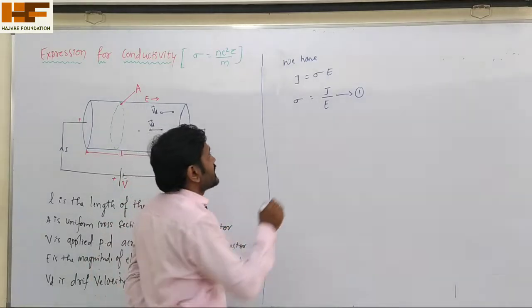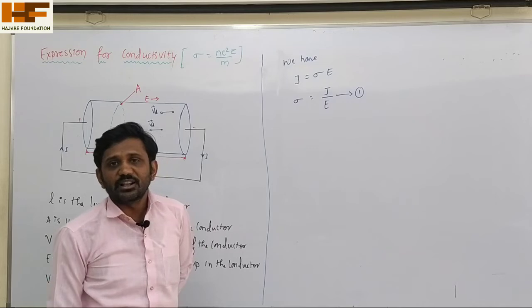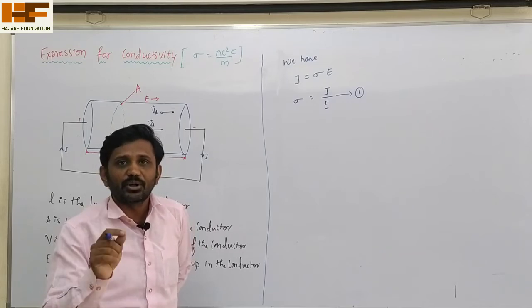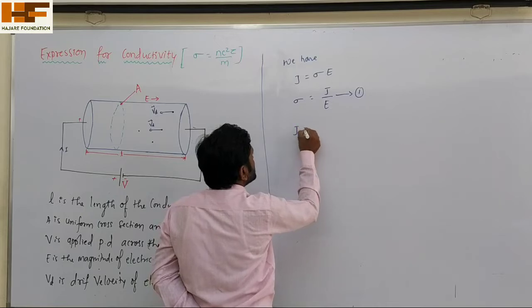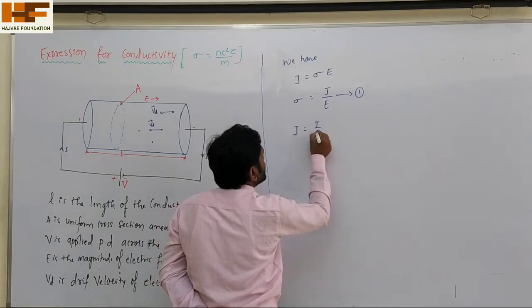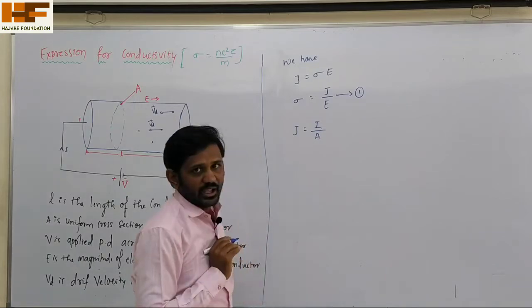Then already we know the J value, that is current density. What is meant by current density? That is current per unit area. That is why the current density J is equal to current per unit area, that is I divided by A.